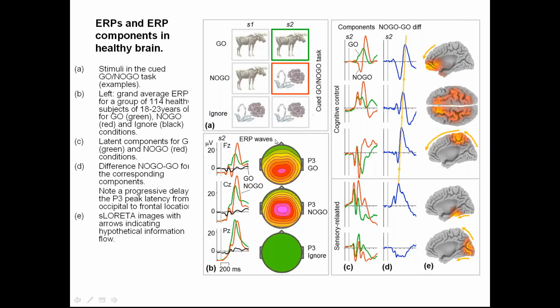And on the right, in figure B, there are maps recorded at the P3 waves generated by go, no-go, and ignore stimuli, and you can see that go and no-go stimuli, in contrast to the ignore condition, produce strong P3 waves, and the P3 waves for the go and no-go conditions are different, have different topography, different latency.